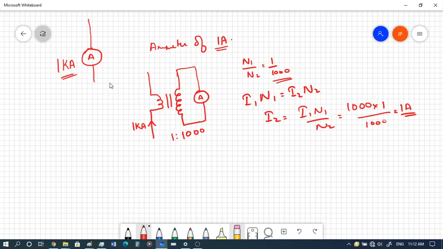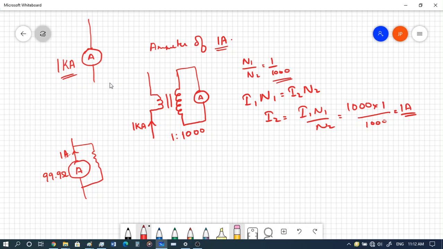So let's say the alternate method, which we have already studied, is that you can have a meter with a shunt resistance, and let's say the ammeter has a resistance of 99.9 ohms, so that 1 ampere current flows through this.